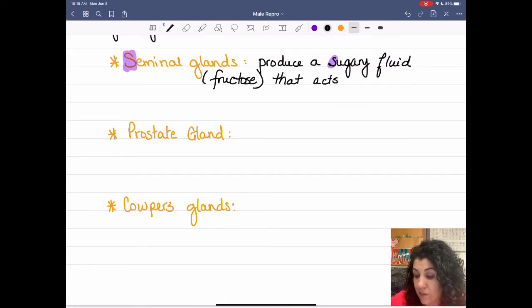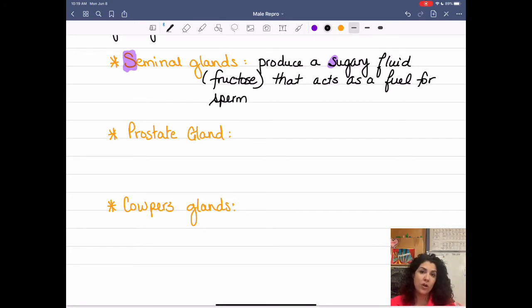That acts as a fuel for sperm. Remember that sperm, the middle portion, has all of these mitochondria. Well, mitochondria have to be fed, and the way that they get their energy is by consuming sugars, and that sugar is found in the seminal glands. So this is the sperm packing a lunch for its journey into the female reproductive system.